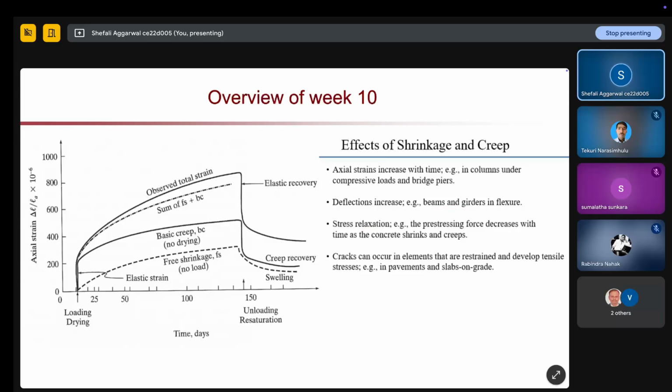That will happen in pre-stressed concrete. When you have pre-stressed rebar in concrete, with time, due to shrinkage and creep, your stress level will decrease. That is called stress relaxation. And next, there are chances of cracks on the elements due to loss of water, especially seen in pavements and slabs.